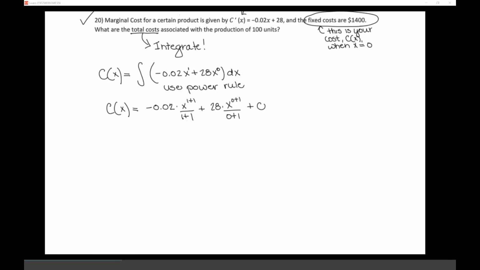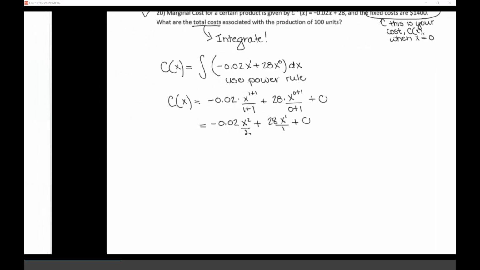All right, the rest of it is just a little bit of algebra cleanup. This is going to be 0.02 x squared over 2. This is going to be 28x to the first over 1 plus c, which again I can write like this.